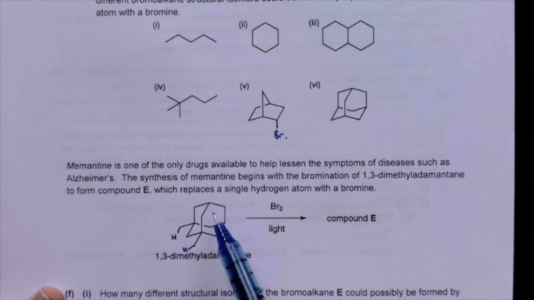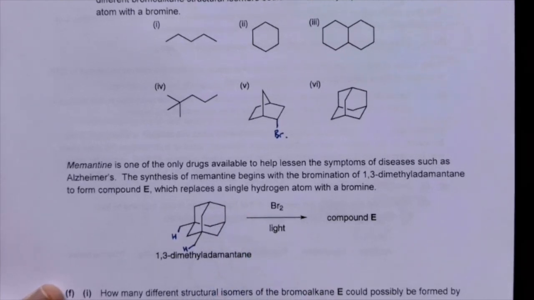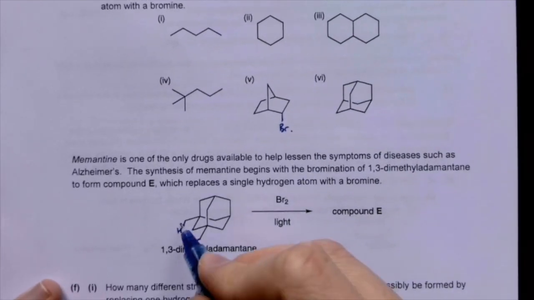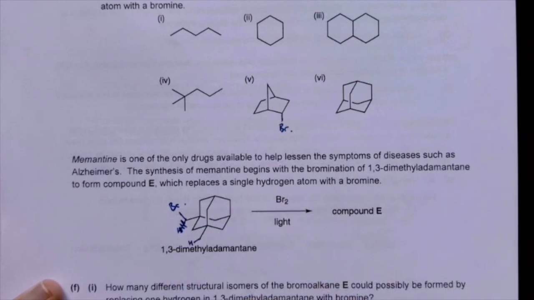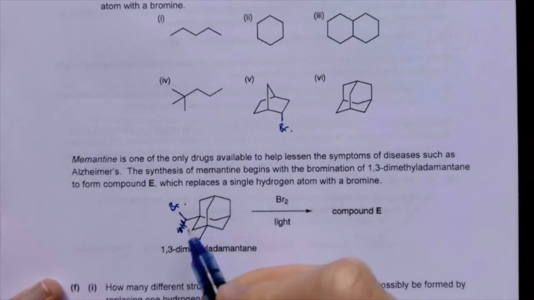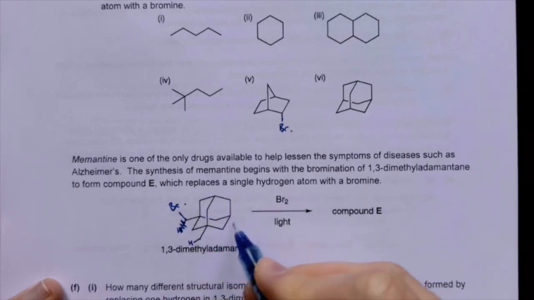So whichever one it is, let's imagine just for argument's sake it was this one here. It's not, but let's imagine it is. Then what you do is you replace all of this with R.